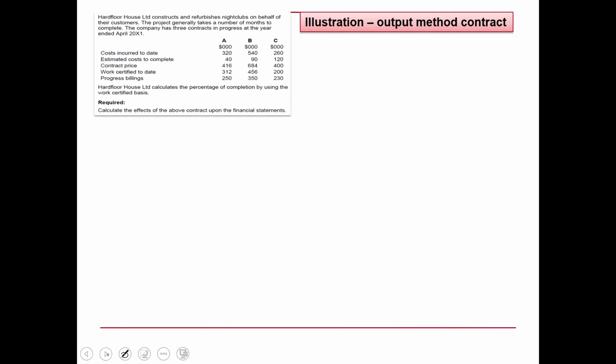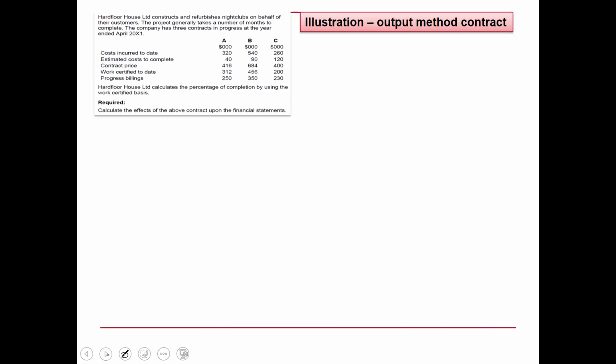Let's look at the last example. This example says Hard Floor House Limited constructs and refurbishes nightclubs on behalf of their customers. The project generally takes a number of months to complete. The company has 3 contracts in progress at the year end, April 2021.